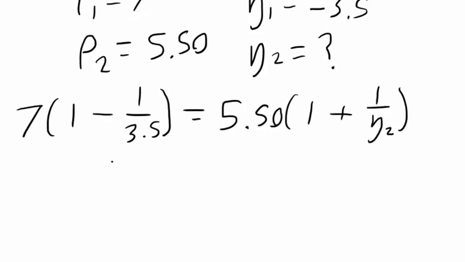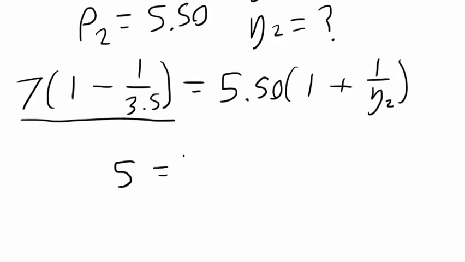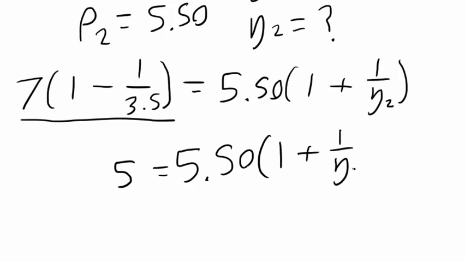So going from there and using a calculator, we know the 7 times the quantity of 1 minus 1 over 3.5 becomes 5. And we know that's equal to 5.50 times the quantity of 1 plus 1 over the elasticity 2.